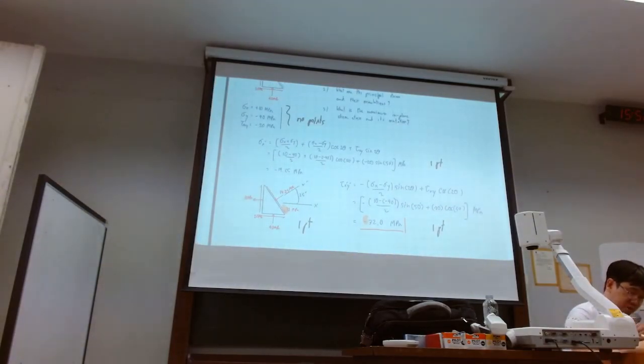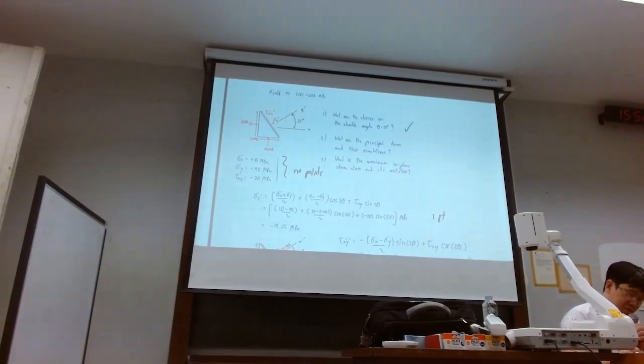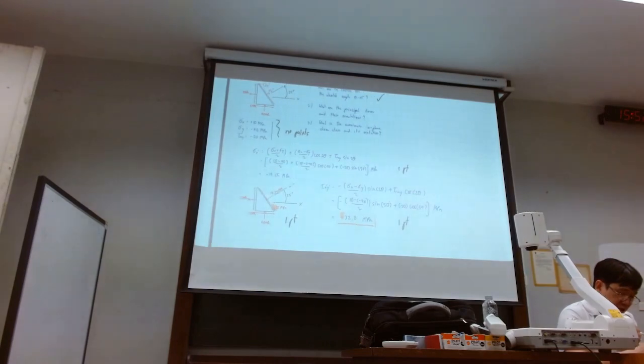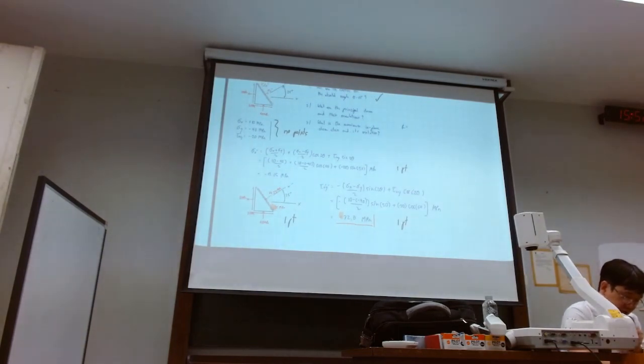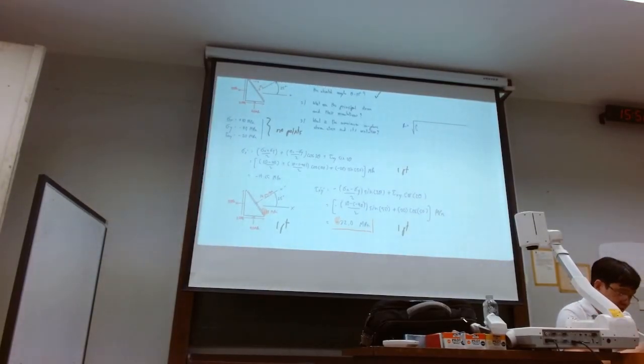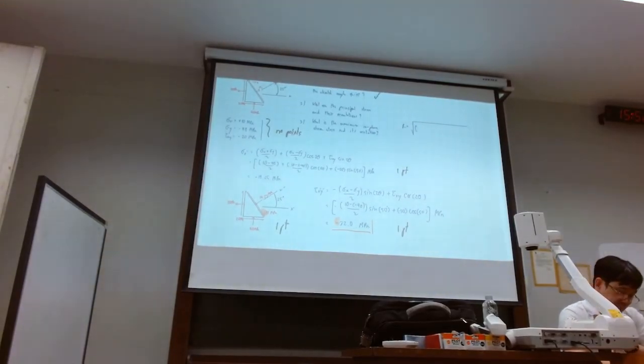Okay, so after doing this, we have to continue by going on. So let's say that we already did this. We have to go on to the second question, where we ask for the principal stress and the orientation. So right now, it means that we should find the R. The easiest way is to do this: R equals the square root of sigma x minus sigma y over 2, squared, plus tau xy squared.